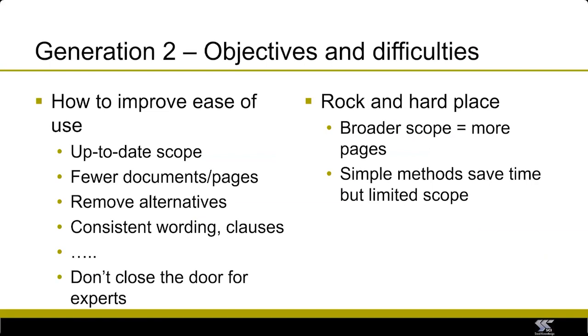So if somebody wants to do a nonlinear finite element analysis of a composite beam, for example, they shouldn't be constrained by using the codified rules for minimum degree of shear connection. You can tell what my pet subject is here. It's an example. But there was an agreement that actually the Eurocode should not close the door for experts. They should be able to do something a bit more informed if they know how to do it and what they're doing, and it's in a defined scope.